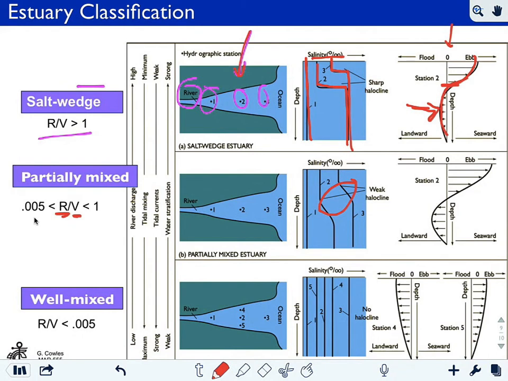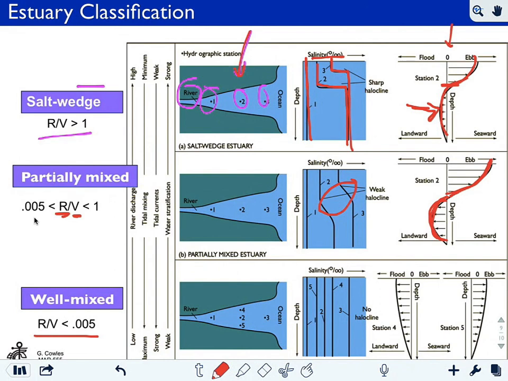You can see that the return flow, the up-estuary flow at depth, is stronger than it is in the salt wedge case. The net is still the same, so you have an enhanced outflow as well. Stronger outflow, stronger inflow.